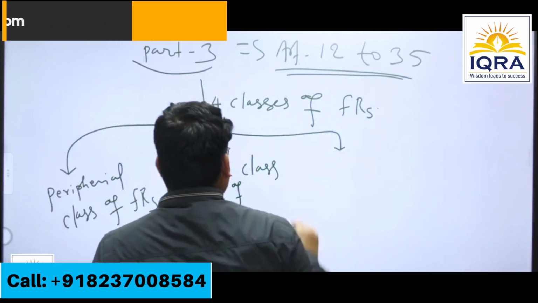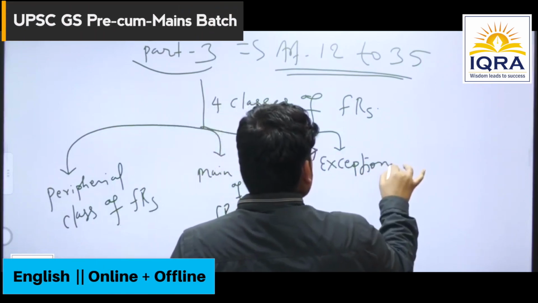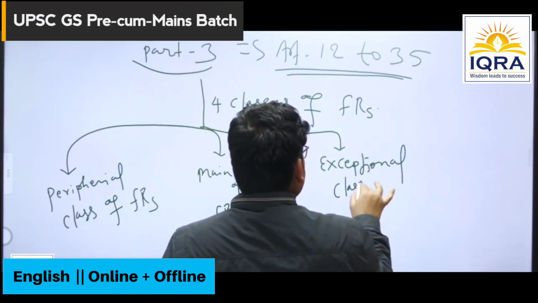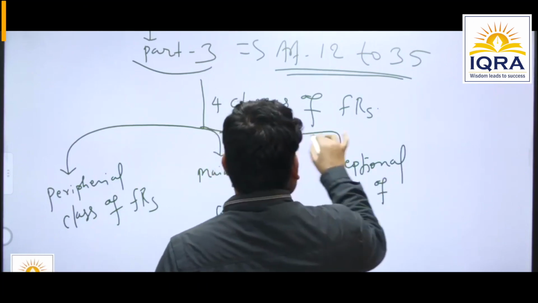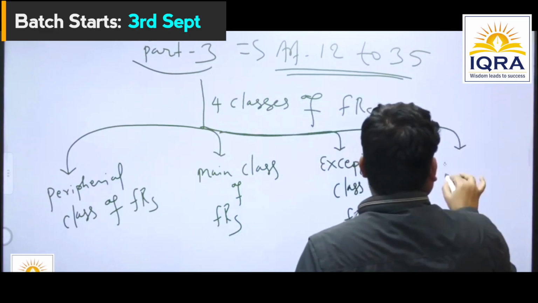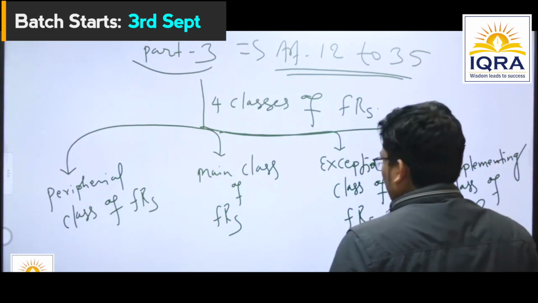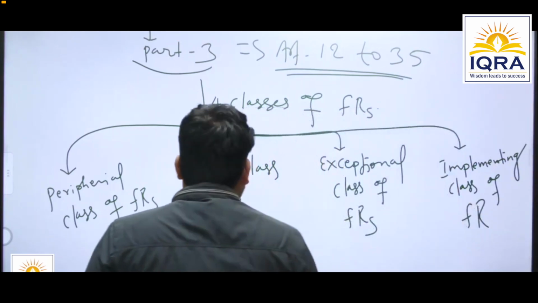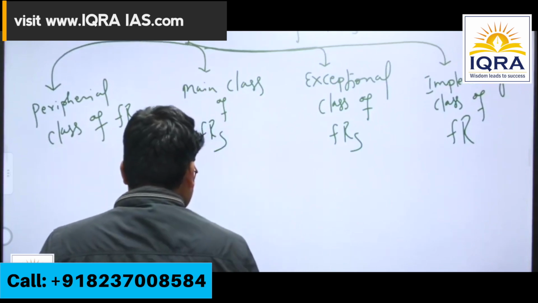Third one is the exceptional class of fundamental rights. And finally, the implementing class of fundamental rights. So these are the 4 different classes of fundamental rights.